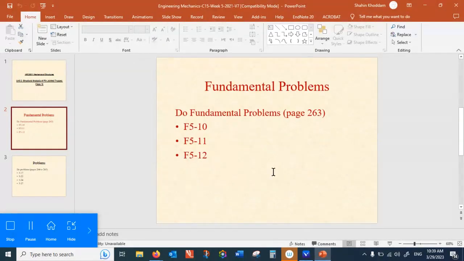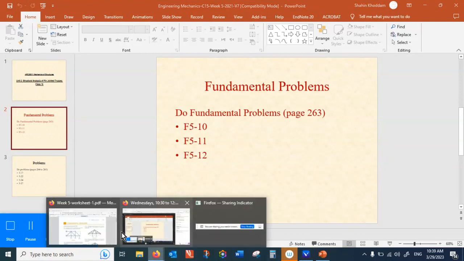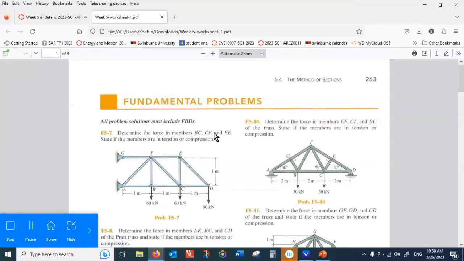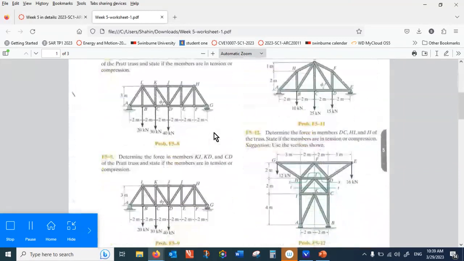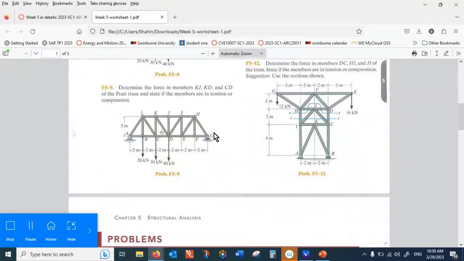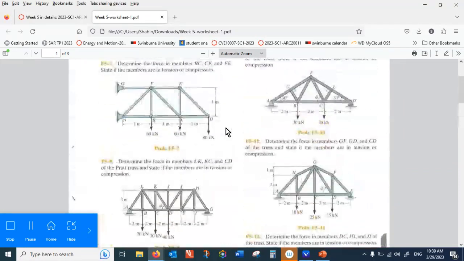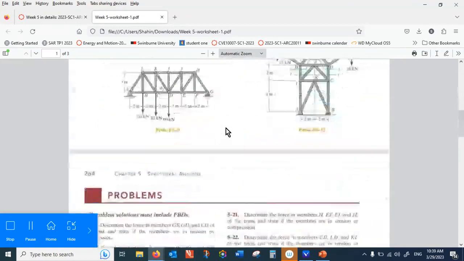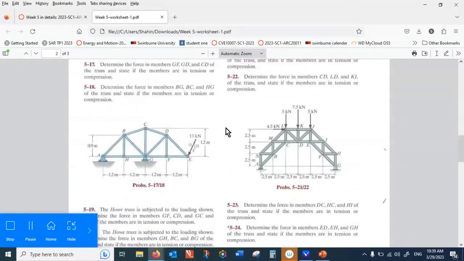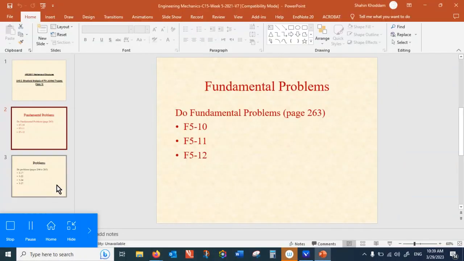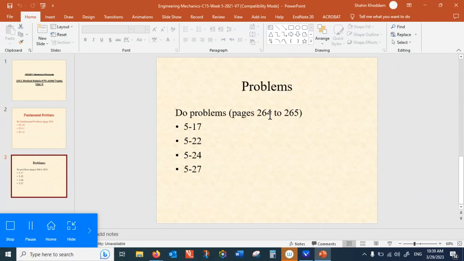First, we go to page 263, and here I think we did all these problems yesterday. So instead, I could go to page 64, 65.